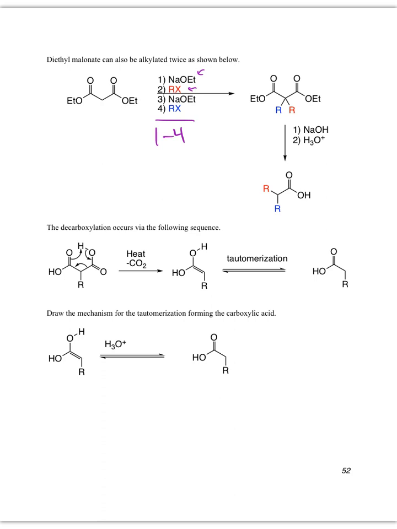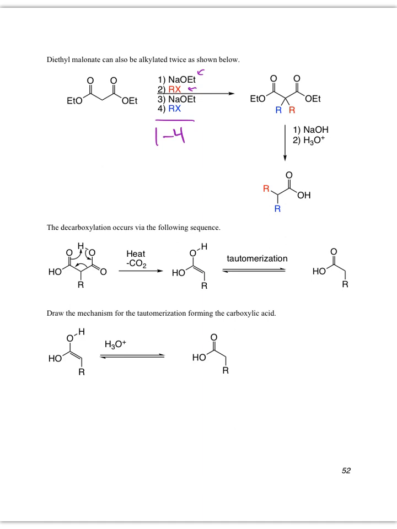It is not dump a lot of base together and dump the red RX and the blue RX in there and get the product. That can't happen. You have to do it one step at a time to get there. And then we can cleave both of the esters to the carboxylate with the sodium hydroxide, and then add acid and heat and cleave it down to the carboxylic acid.